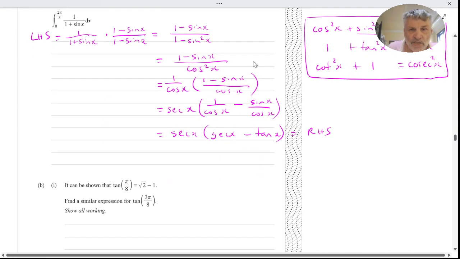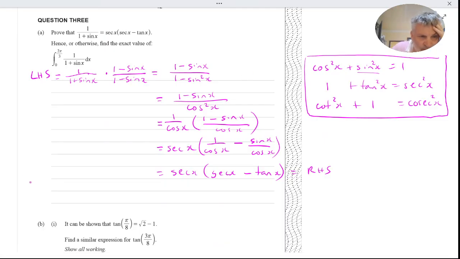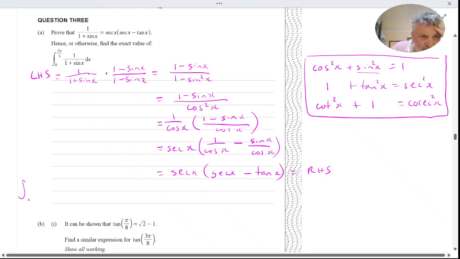Now it says hence or otherwise, and they didn't give us very much room to do this question. Maybe they wanted us to write the problem out linearly across a line and save some space, but hence or otherwise, find the exact value of this integral.